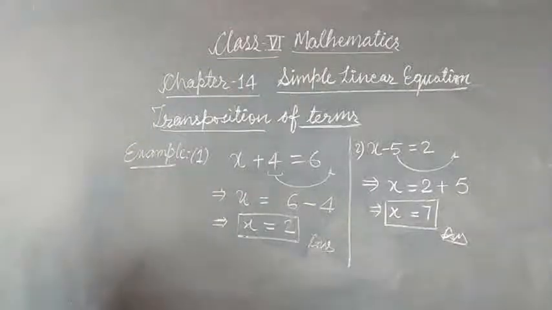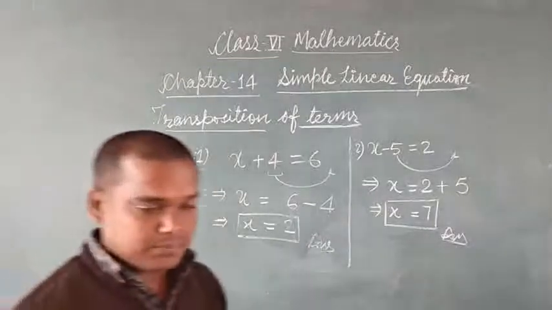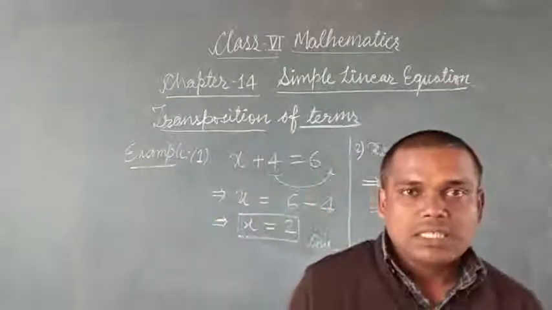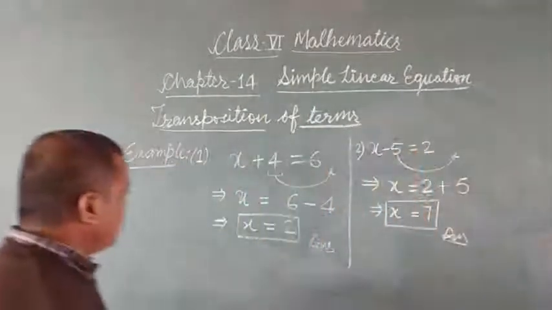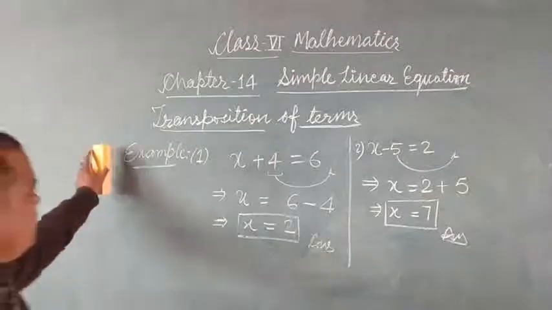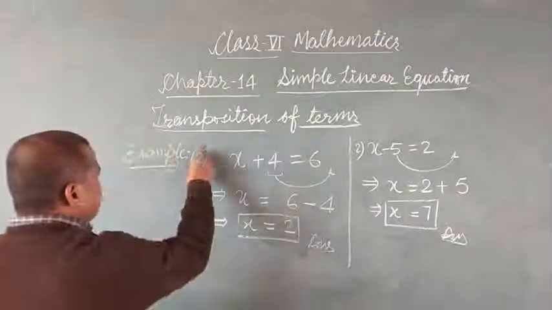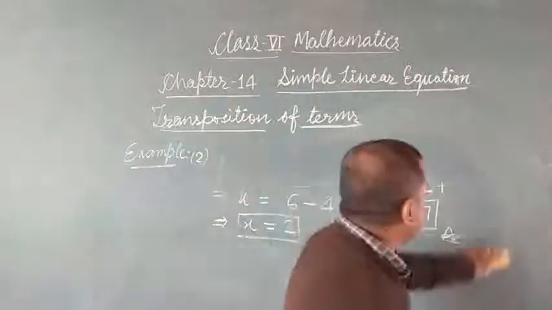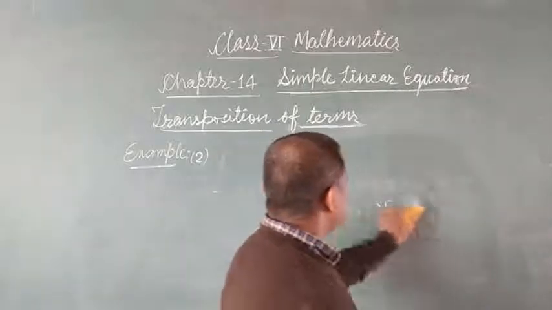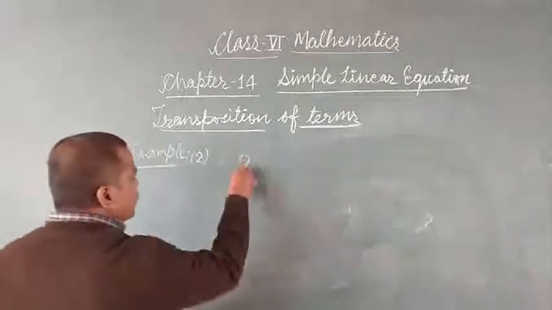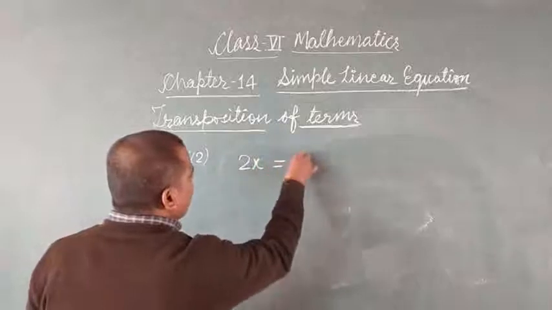Now, if it will be in product term, here you see, I am going to erase it. Example number 3. If we are having equation like this, 2x is equal to 4.